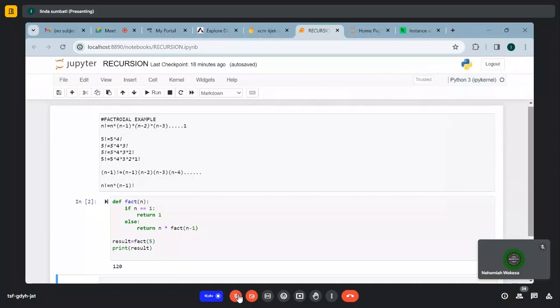We have tried here to look at how you can calculate the factorial of a number. From our mathematics point of view, you read it in secondary school or higher education. For n factorial, it's usually n, multiplied by n minus 1, then multiplied by n minus 2, n minus 3, until you reach 1.